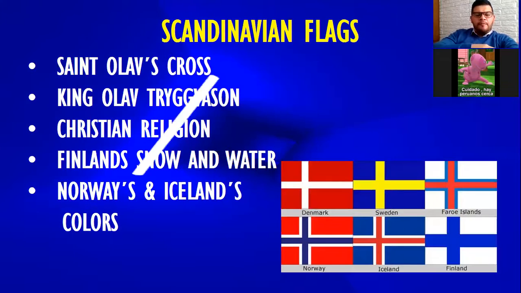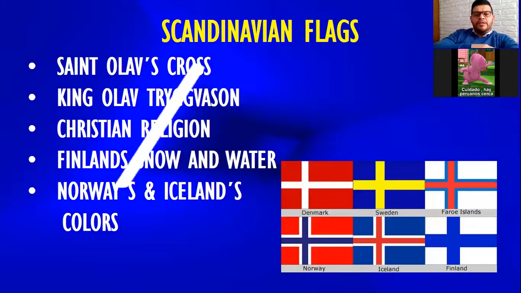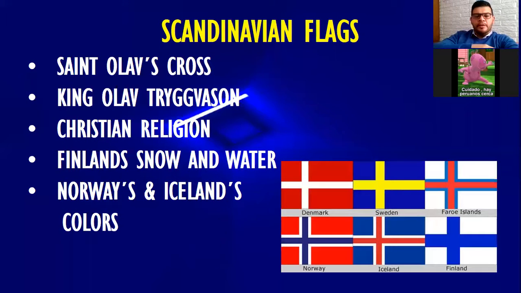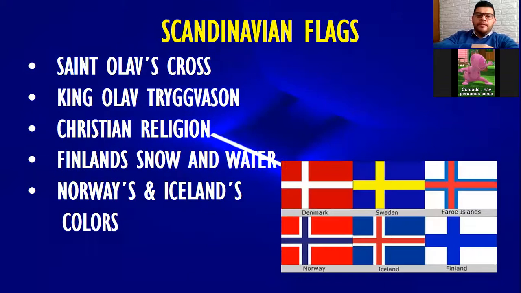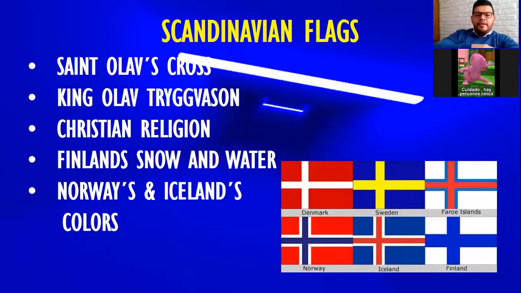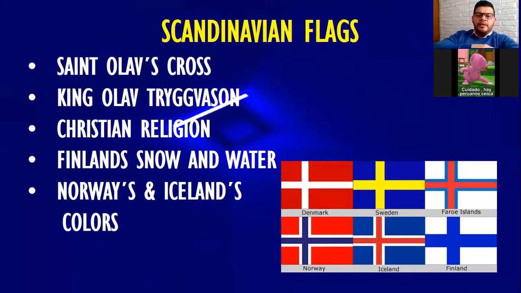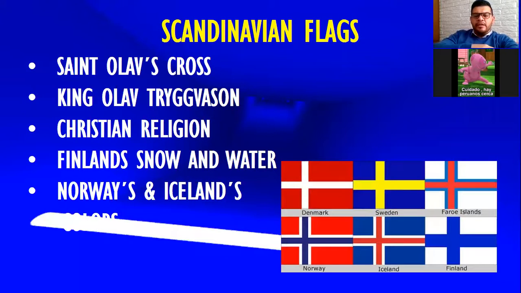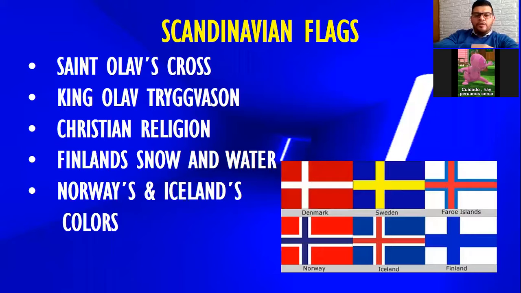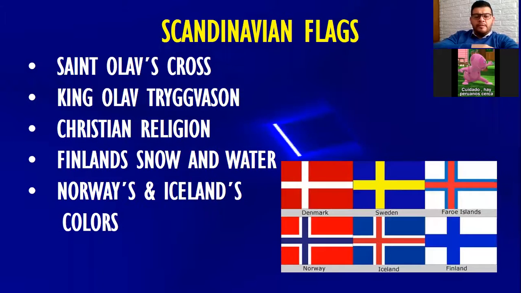This flag represented the Christian religion, and this religion was spread all over the world. First, obviously, in the European countries, like all the ones from Scandinavia, and later it expanded to other countries like Germany, Netherlands, England, Scotland, and some other countries that have the Christian religion.